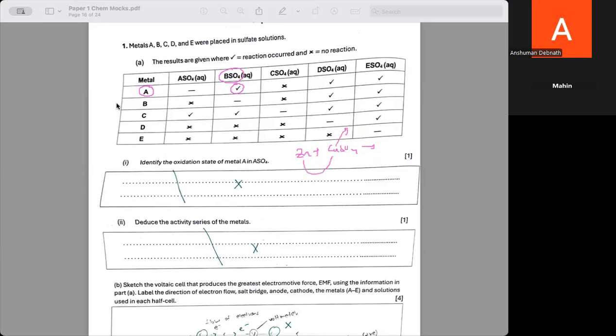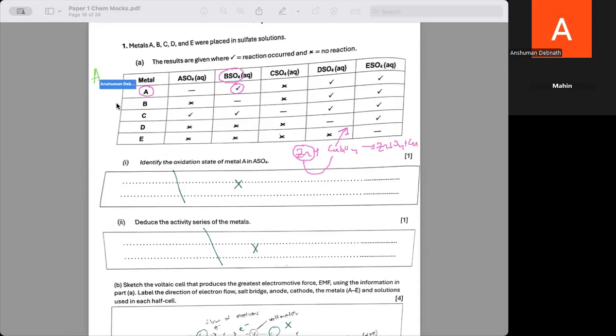If anything can displace another from its compound, it is more reactive. Which is more reactive, zinc or copper? Zinc. So A is more reactive.